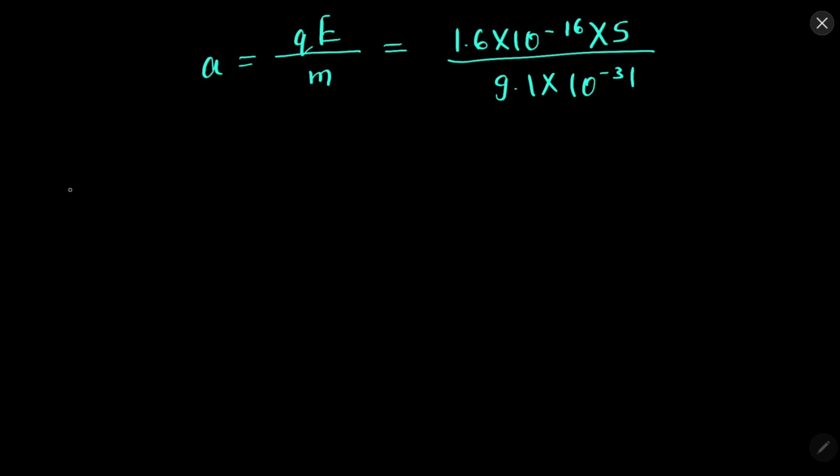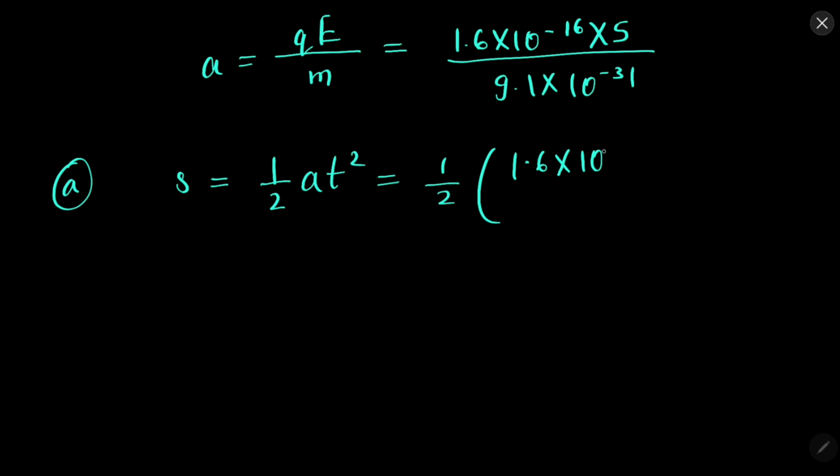So now let's find the things they have asked. First, the distance travelled. So initial velocity is 0, so only half at square will remain. So once you put the values, 1.6 into 10 to the power minus 16, so let's cancel them also.